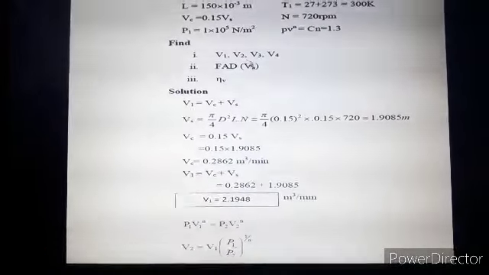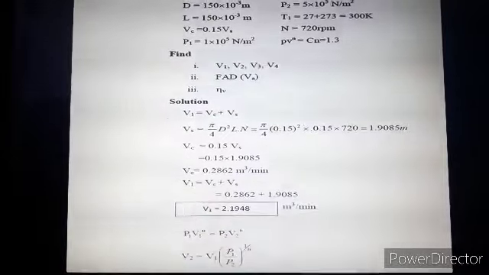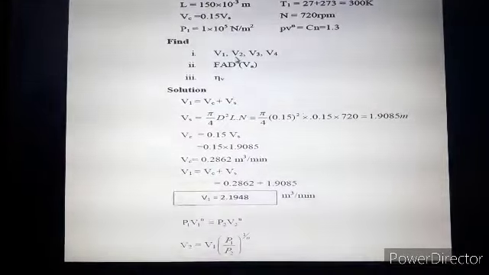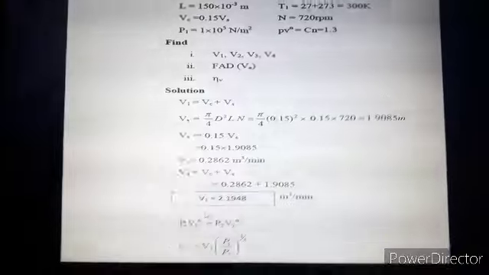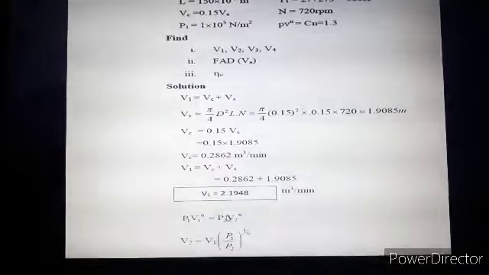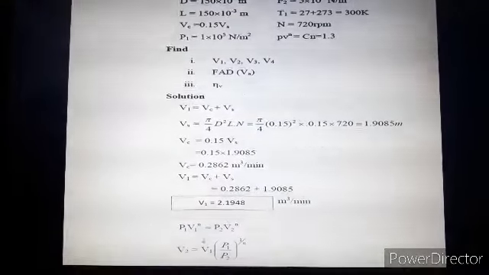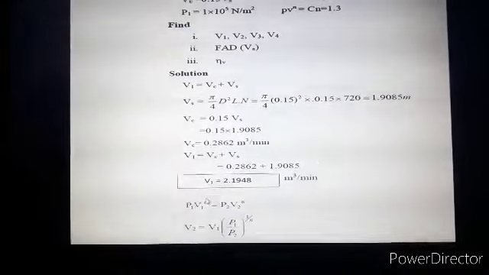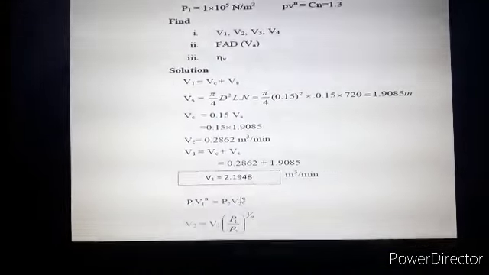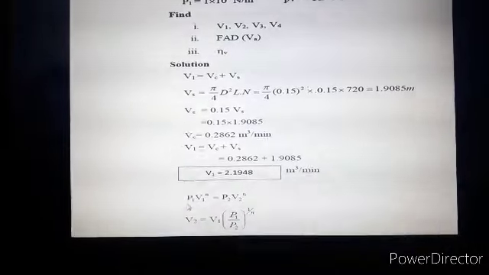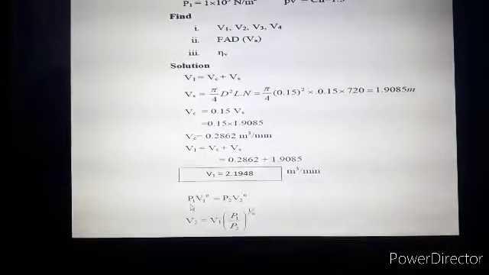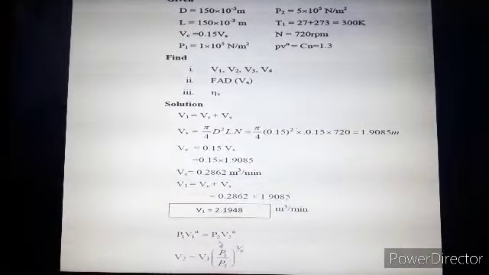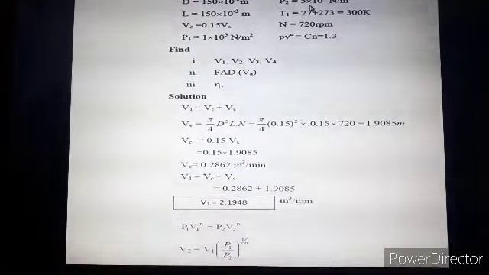Now we have to find the other volumes, that is V2, V3 and V4. In order to find the volume V2, again we have to refer to the relation between pressure and volume during polytropic compression, PV raised to n. From that we can write P1 V1 raised to n is equal to P2 V2 raised to n. P1 is 1 into 10 raised to 5, V1 we just calculated, and pressure P2 is 5 into 10 raised to 5.